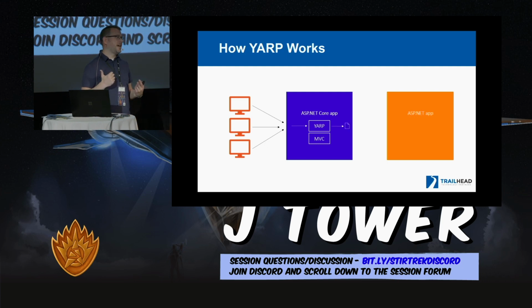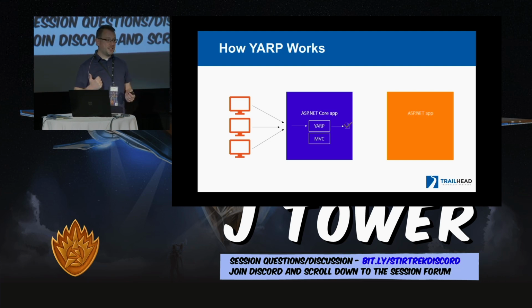ASP.NET has something called a routing table. And all of the different ASP.NET Core technologies that use routing, like MVC, Web API, minimal APIs, they're all going to use that routing table. It's going to look at that routing table and say, do I, in this ASP.NET Core app, have a route for that traffic that's coming in?